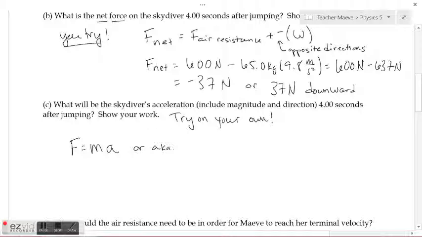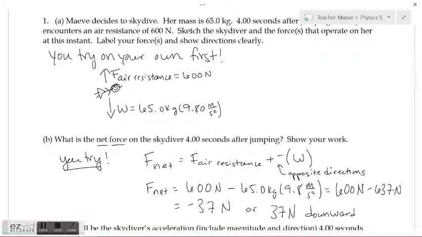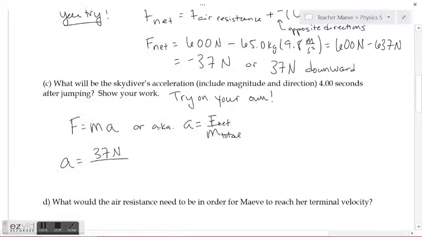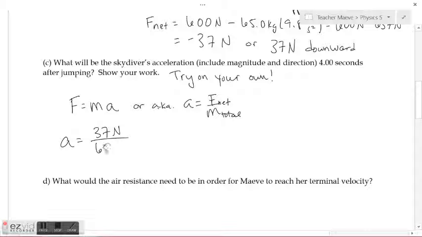So a equals F over m. We're talking about the net force and the total mass of the situation. I've got 37 newtons downward as that net force, and my mass, what was my mass again? Oh, 65 kilograms.